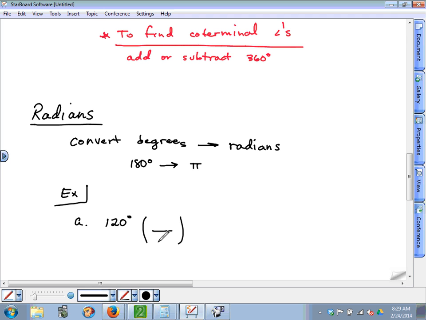That means it has to be something divided by itself. Isn't 180 degrees the same as pi? So if I took 180 degrees and divided it by pi, that's equal to 1 because they're the same thing. They're just measured differently, and we've got to put the correct measurement on this fraction so it'll cancel out the degree symbol. Where do I want to put the degree sign?